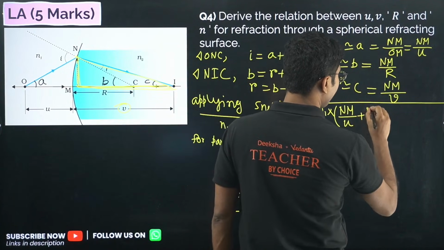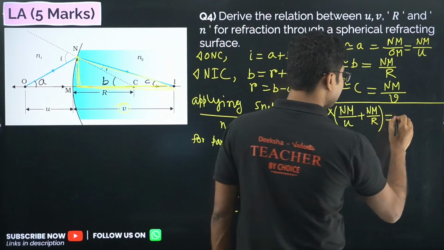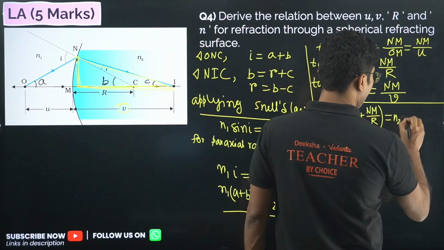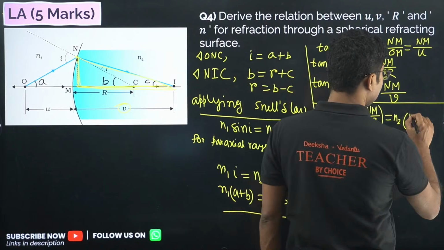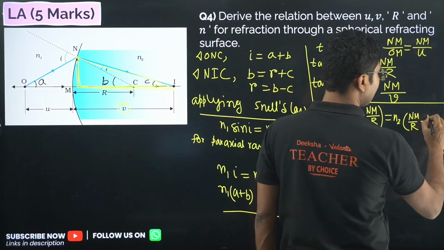B is NM divided by R, and that equals N2 into B minus C. What is B? B is NM by R, minus C. C is NM by V.